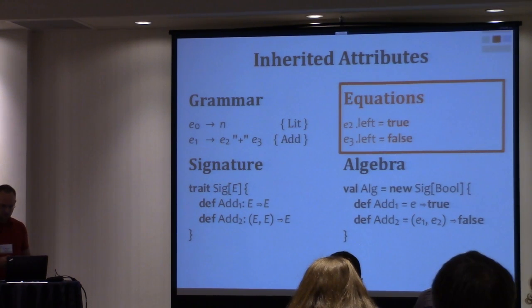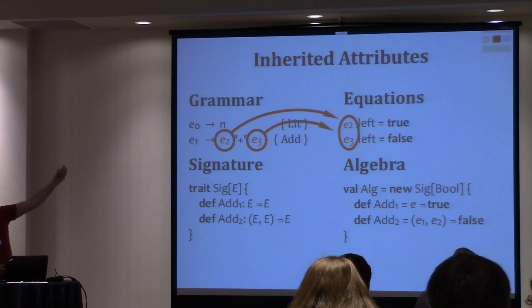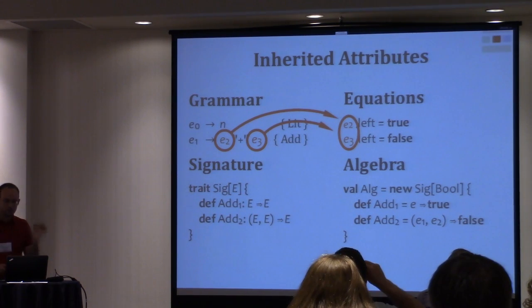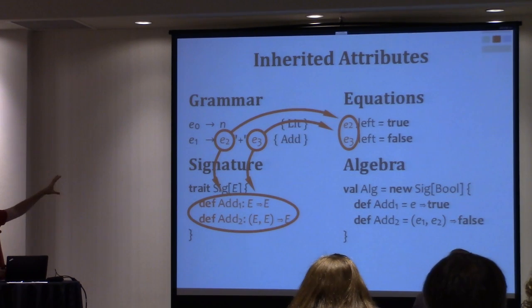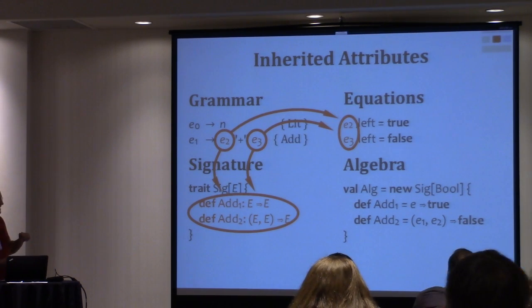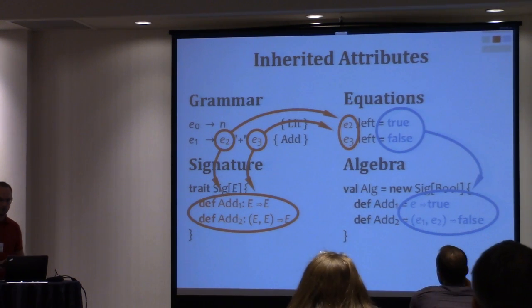And the basic idea here is that we look at all the occurrences of nonterminals on the right-hand side of the grammar productions, and we need an equation for each of them. Okay, and this means that a signature for inherited attributes should have a method for each of the right-hand side occurrences of nonterminals. Okay, that's the crucial step here. And then we can, again, just copy down the right-hand sides of the equations to the right-hand sides of the algebras.